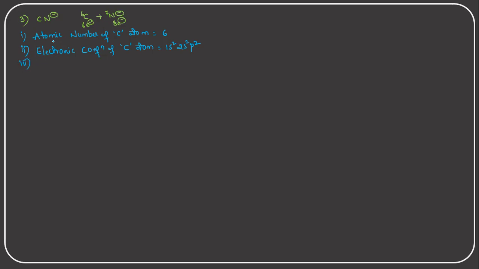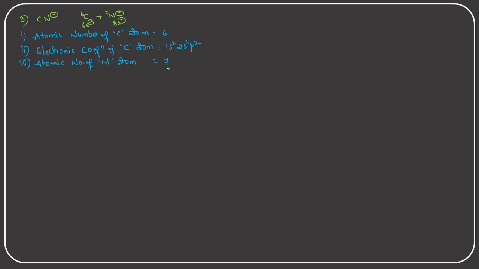The third point is, now we have to know the information about the nitrogen also. So the atomic number of the nitrogen atom, or ion also we can take, no problem, is 7 only. This is the same for atom or ion, whatever it may be.